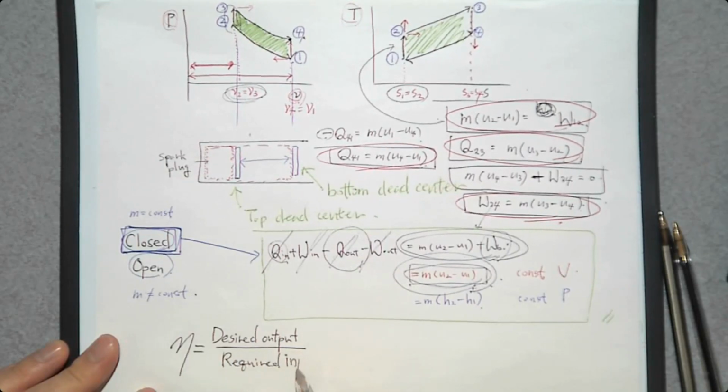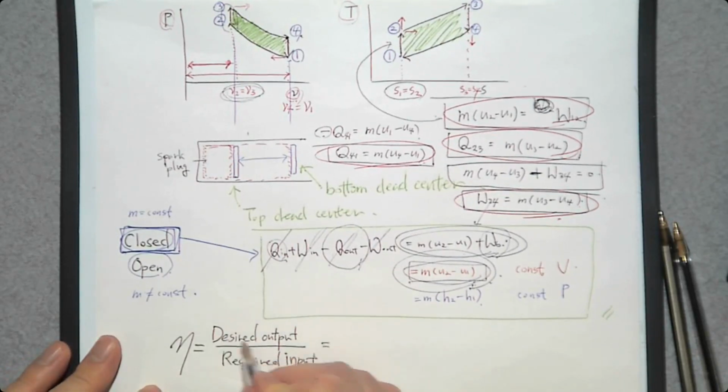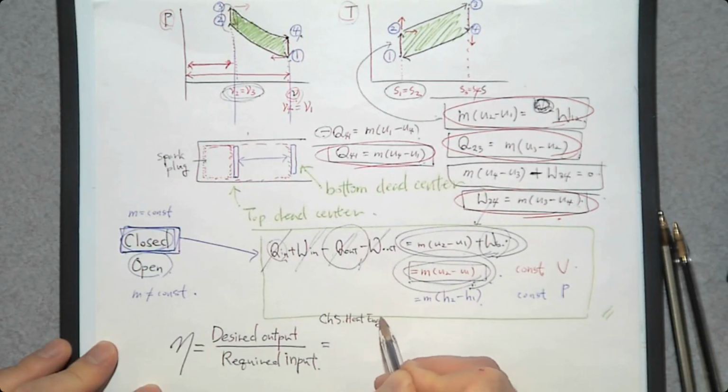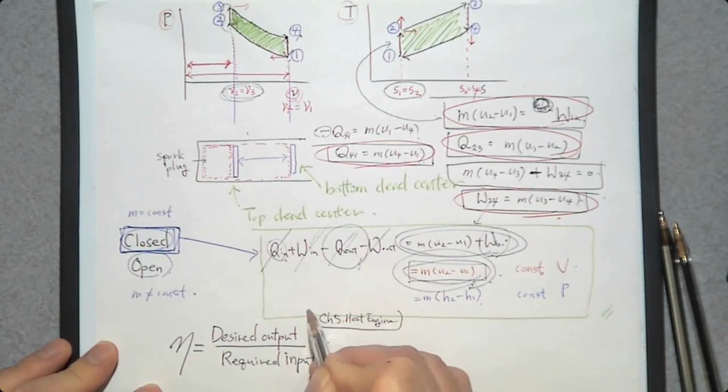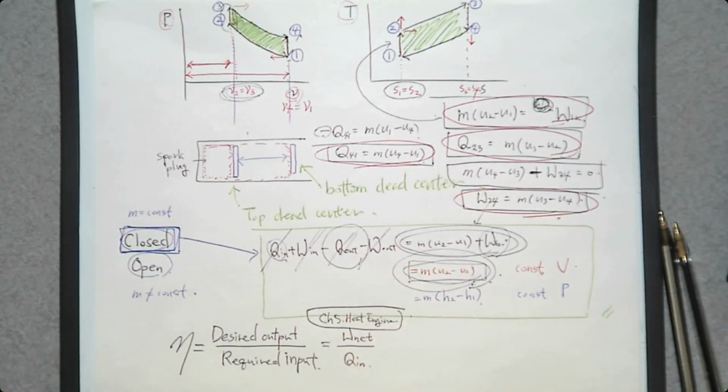That's what we studied in chapter 5. And what is the desired output when we have a heat engine in chapter 5? W net divided by Q in. That was how we determined thermal efficiency in chapter 5.